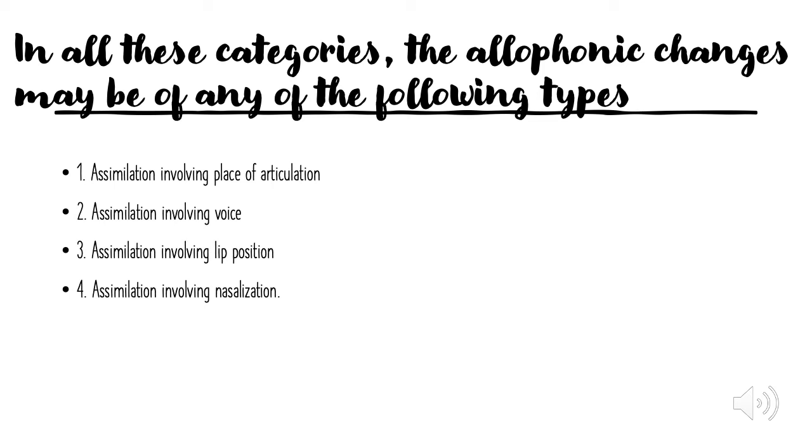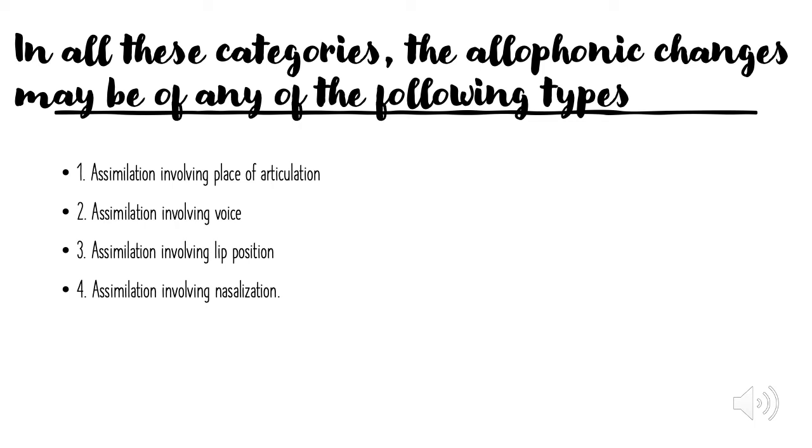So now we need to look at the nature of the changes that come in assimilation. And that can be categorized under four heads. The changes may be those involving the place of articulation. It may be one involving voice, that is voiceless becoming voiced and voiced becoming voiceless. It may be assimilation involving lip position, and it may be a change involving nasalization.